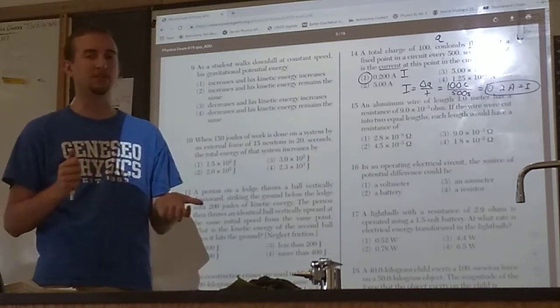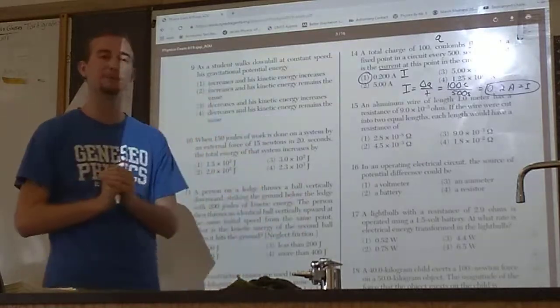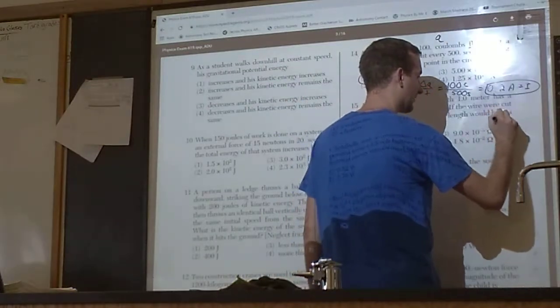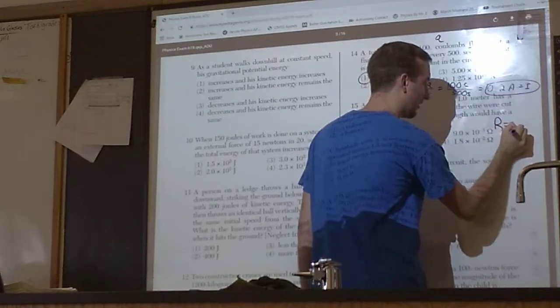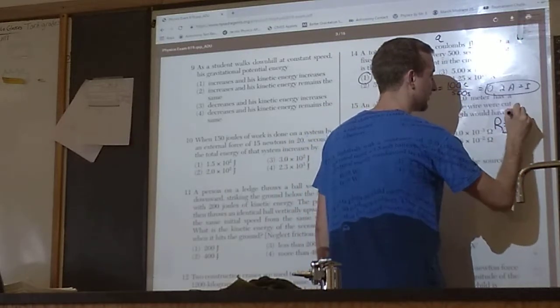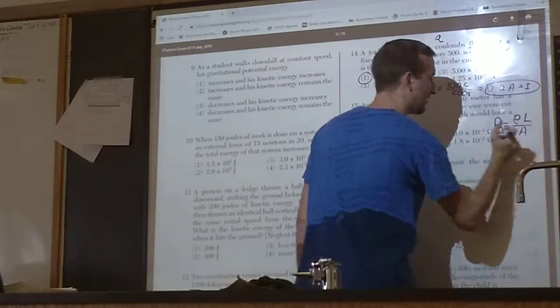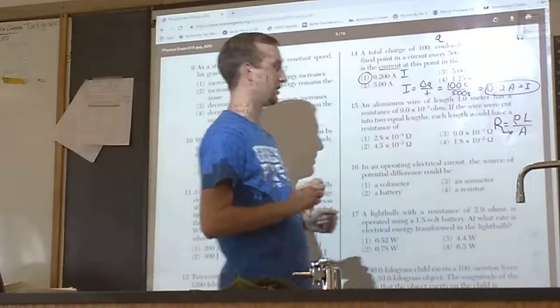We spent some time talking about the resistance of a piece of wire as opposed to just a resistor. The equation given for that, and it doesn't say this in the reference tables, is R wire, resistance of a wire, equals rho, which is resistivity, times L over A. Resistivity is a property of the material, okay?